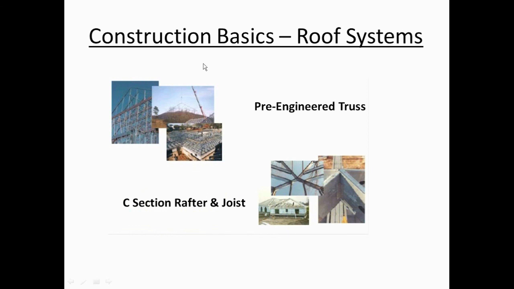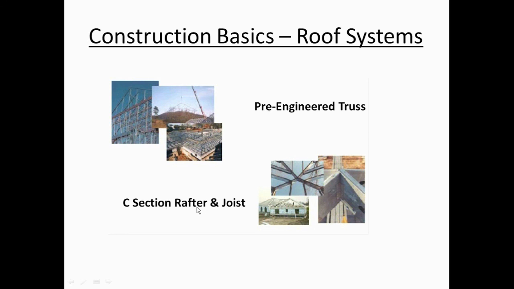Pre-engineered trusses or C-rafters can be used for roof assemblies. The pre-engineered allows you to go longer free span openings. It also opens the door for panelization, which we'll see in our case studies was critical from a performance and a production rate standpoint.